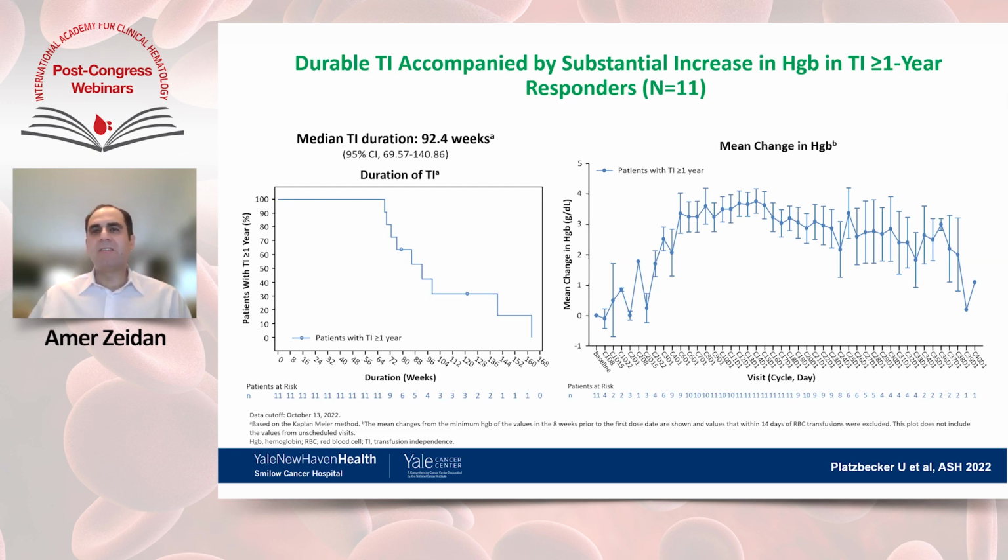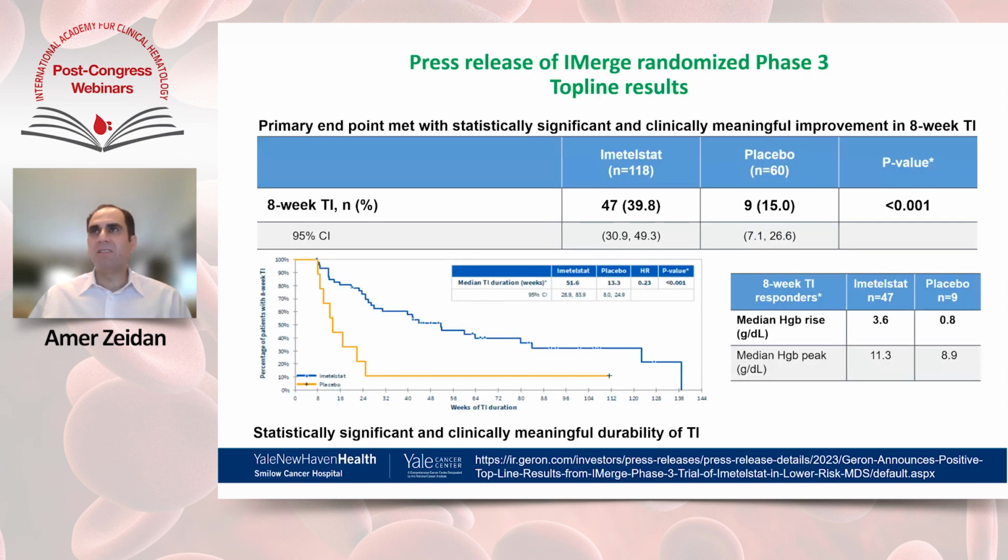The randomized phase 3 study, the IMerge, was also completed accrual and was not presented at ASH, but I think what is important is that the data has been released in a press release, basically by the sponsor in early 2023, showing that the phase 2 results were replicated in the transfusion independence rate at 8 weeks, which is the primary endpoint of the phase 3 portion, with 40% transfusion independence, with, I think, quite nice prolonged transfusion independence duration at 52 weeks, and a significant median rise in the hemoglobin among responders of 3.6 grams.